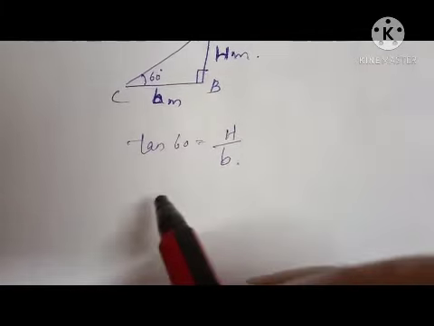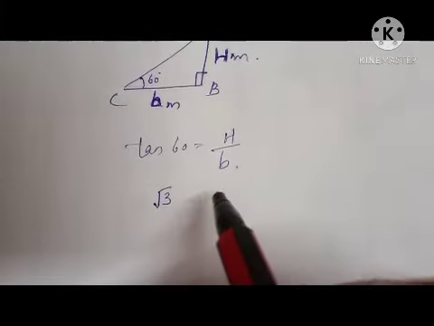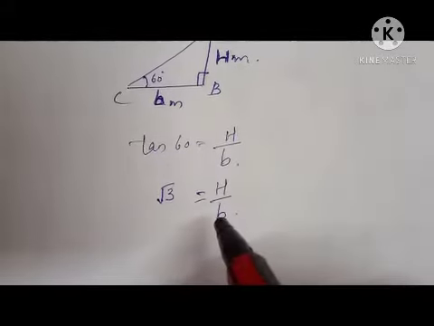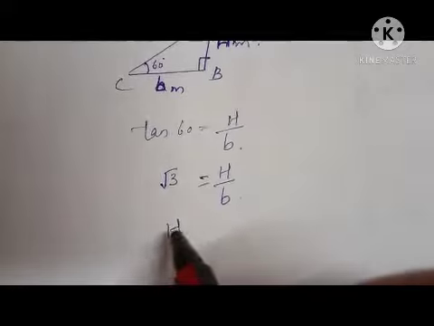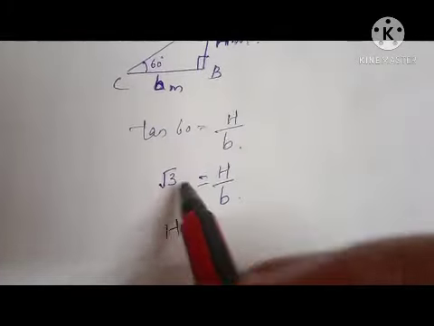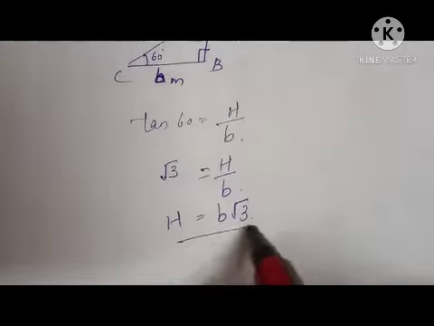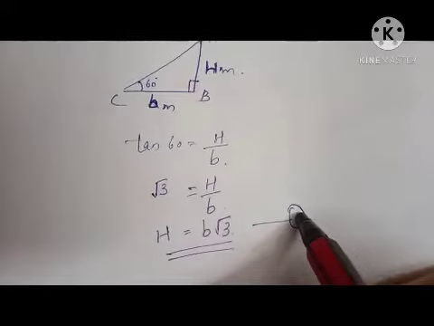Tan 60 is root 3. So root 3 equals H by b. Then H equals b root 3. This is equation 1.